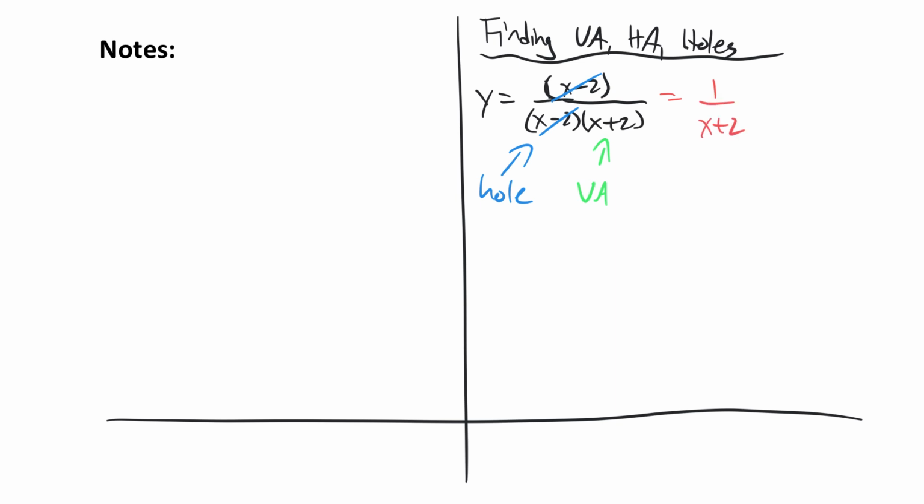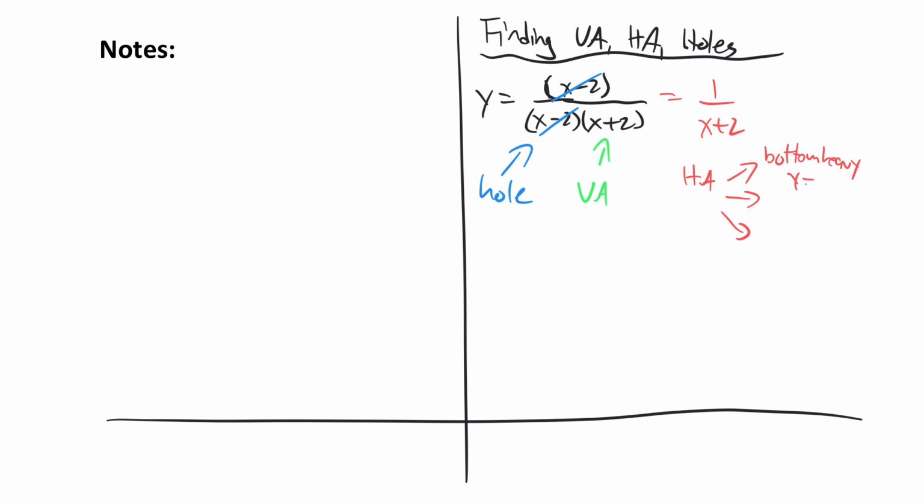And from here, you can determine the horizontal asymptote based on whether it's bottom heavy, balanced, or top heavy. In this case, you'd have the degree on the top being lower than the degree on the bottom. It looks like we have bottom heavy because we have degree 1 on the bottom and we have nothing on the top.